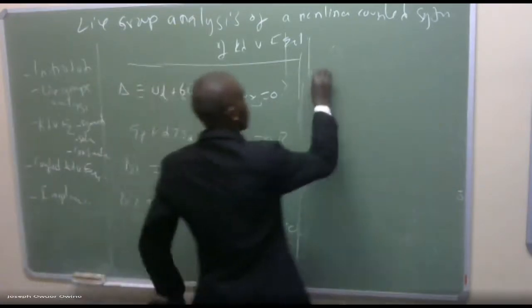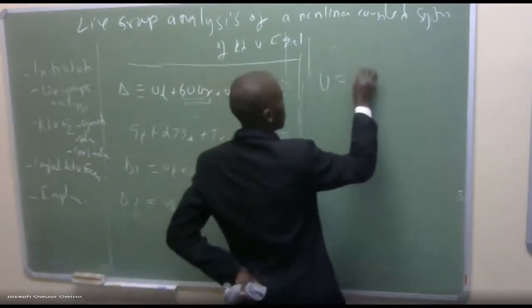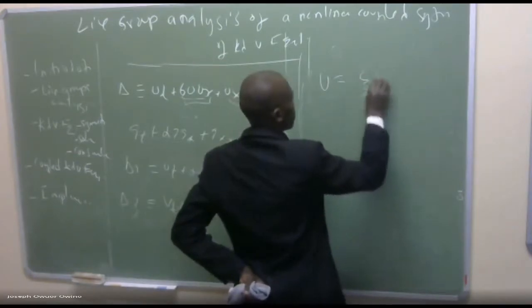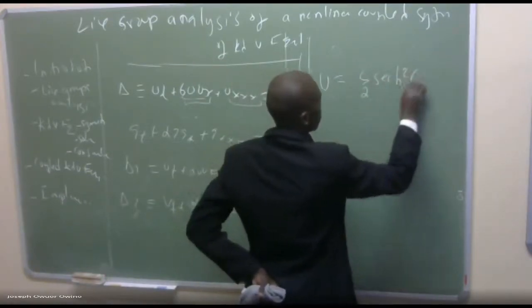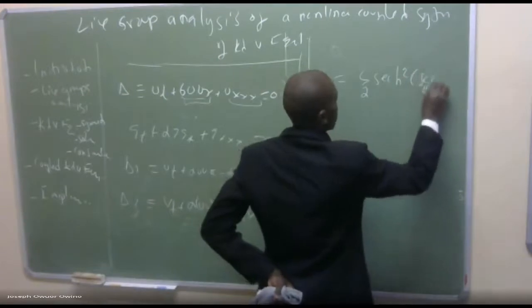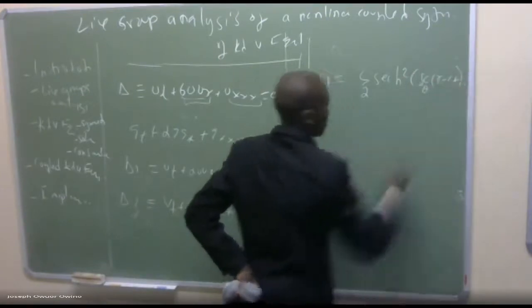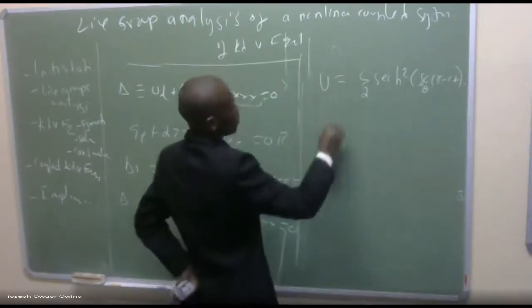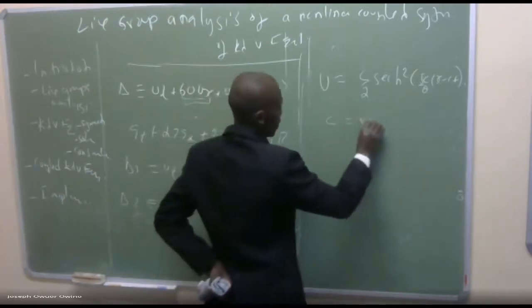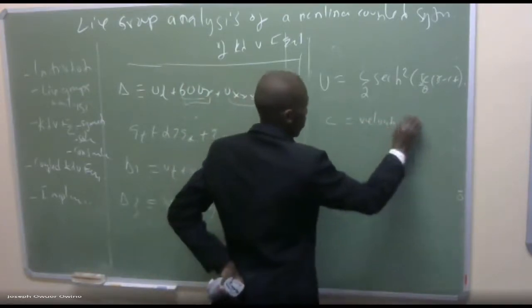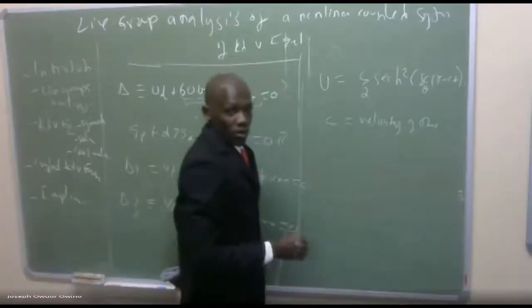Okay, so we have the solution u is c/2 sech squared of √c/2 (x - ct). So in this solution, c is the velocity. Yeah. c is the velocity of the wave. That's right. Velocity of the wave.